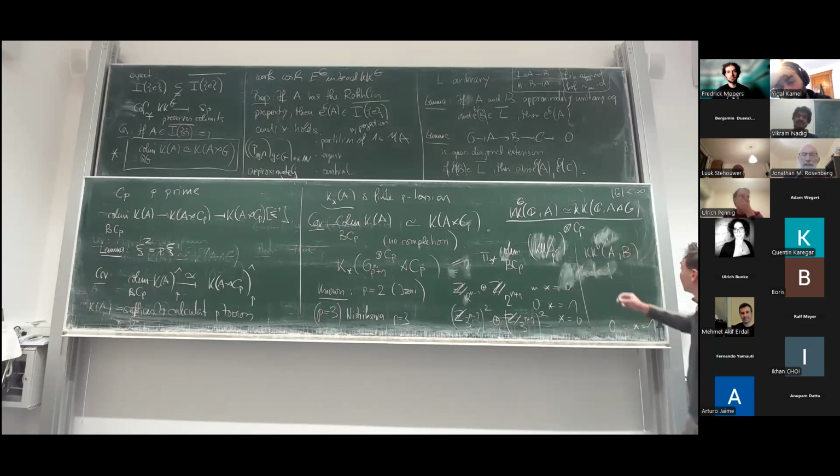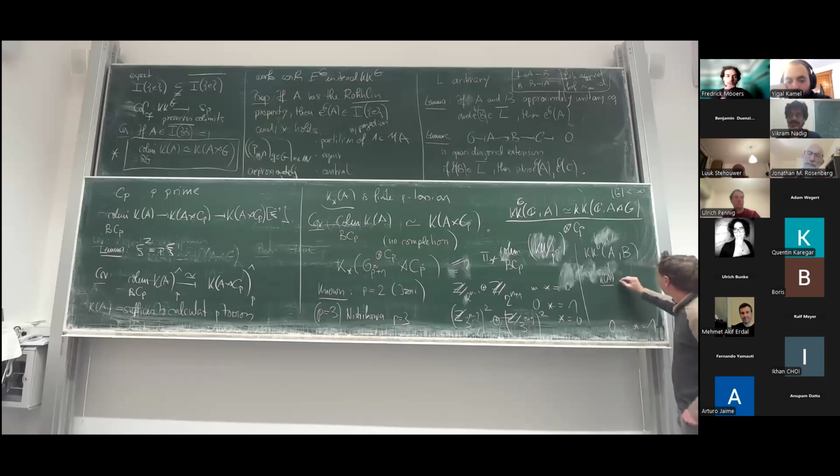So somehow this K underline A can be considered as a Mackey functor. So this is now, and also K underline B.